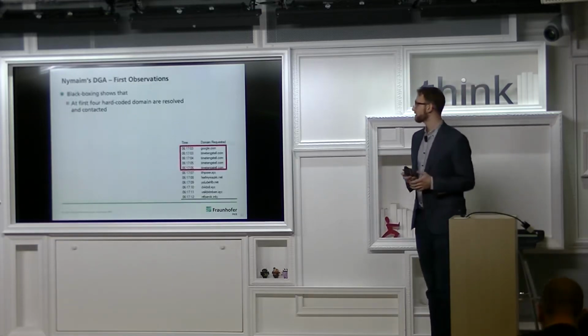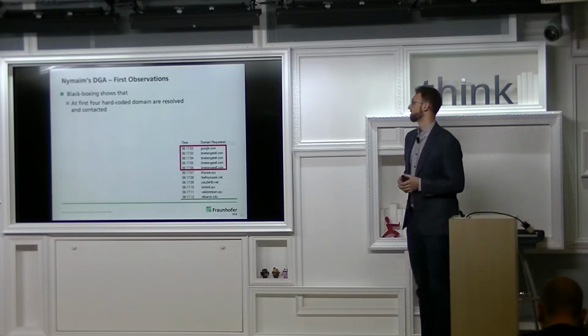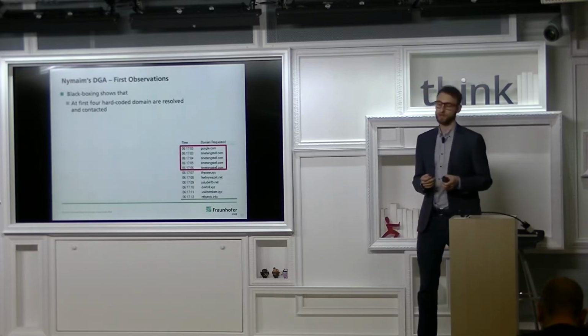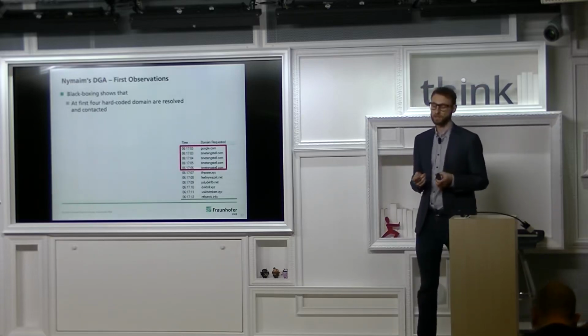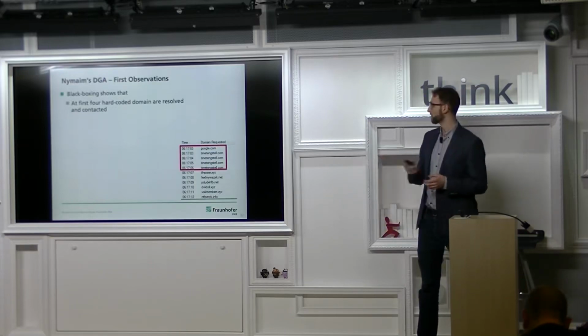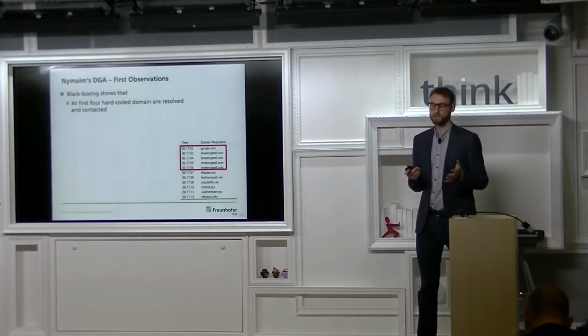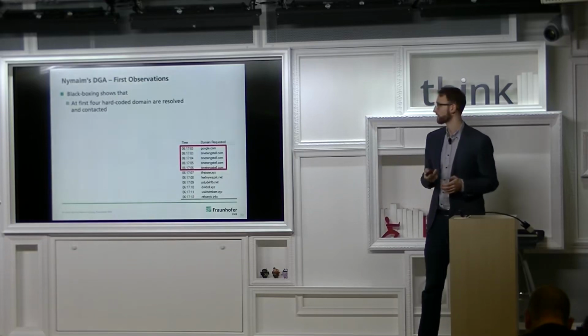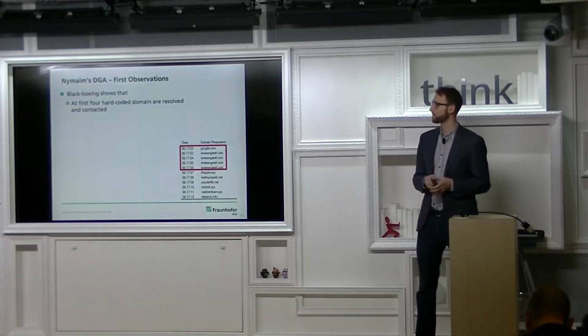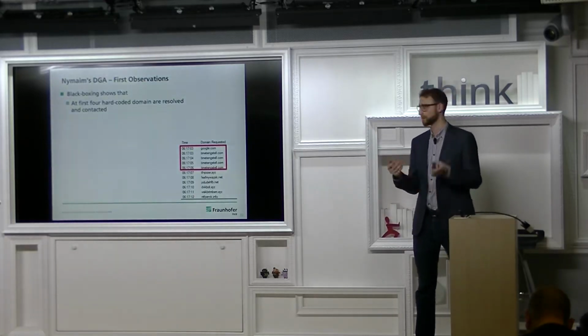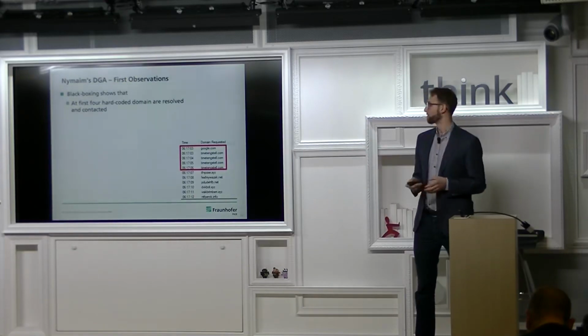So what I did was some first observations. I did some basic black boxing, and what I saw was that the domains that were resolved looked like hard-coded domains. First, there was a connectivity check to Google, and then something else which looked rather hard-coded.